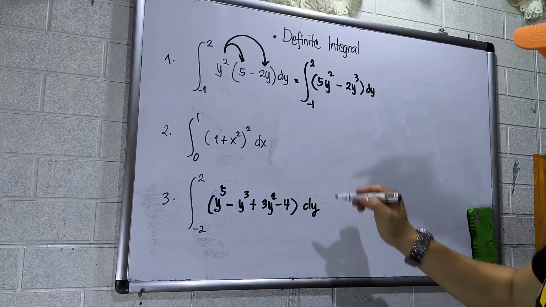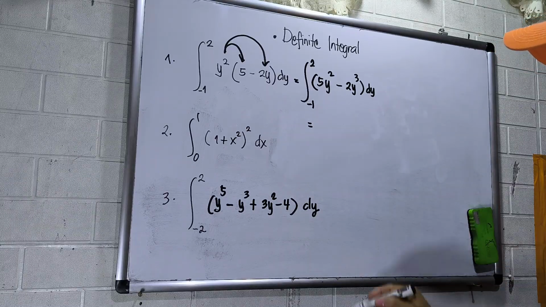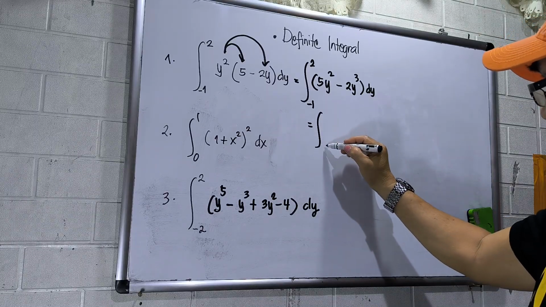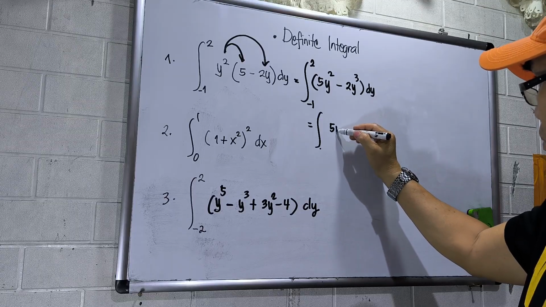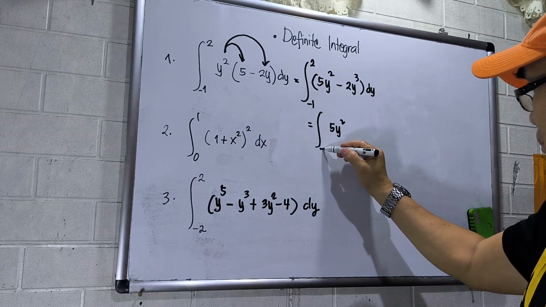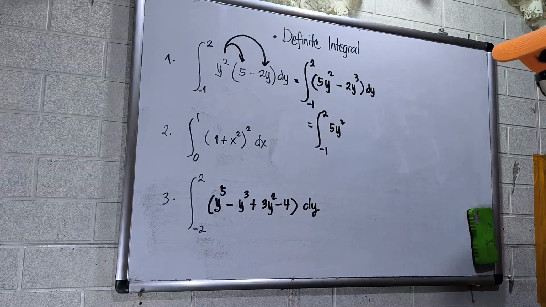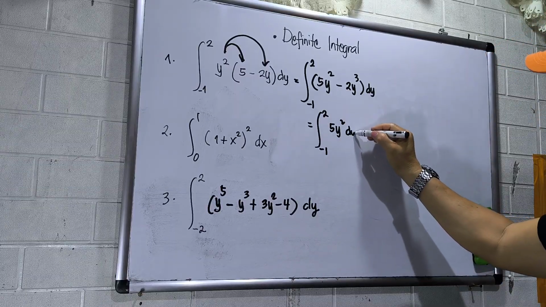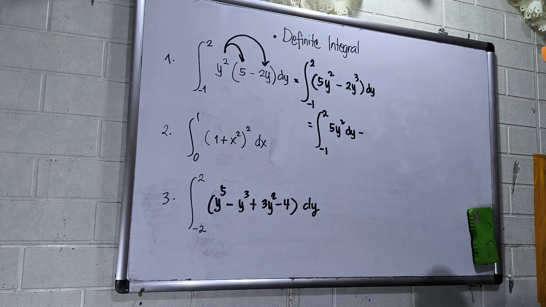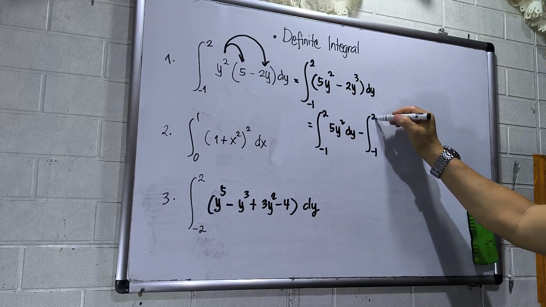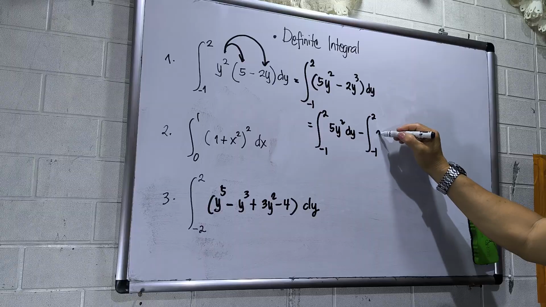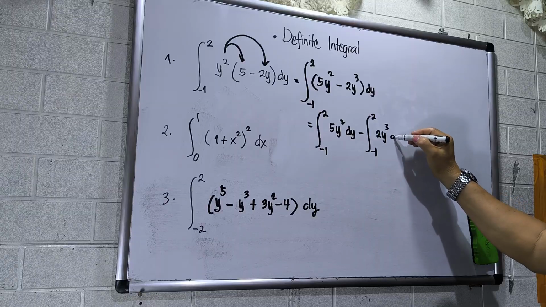Okay? So I can integrate individually. This will be the integral of 5y squared, lower limit negative 1, upper limit 2, dy, then minus the integral from negative 1 to positive 2 of 2y cubed dy.